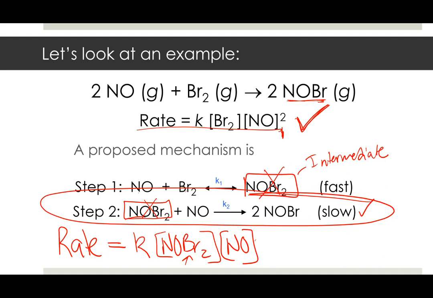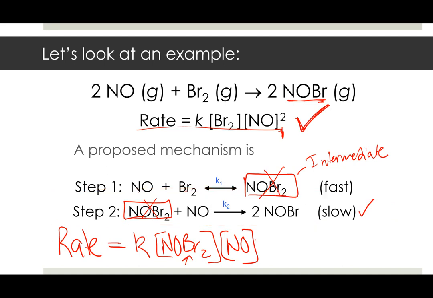So if that doesn't belong in our rate law, how do we get rid of it? Okay. Well, that's where this comes in handy. Okay. To get rid of our intermediate, we need to find out where our intermediate came from. So our intermediate came from step one. So we look at where it came from, and we look at the K value associated with that.